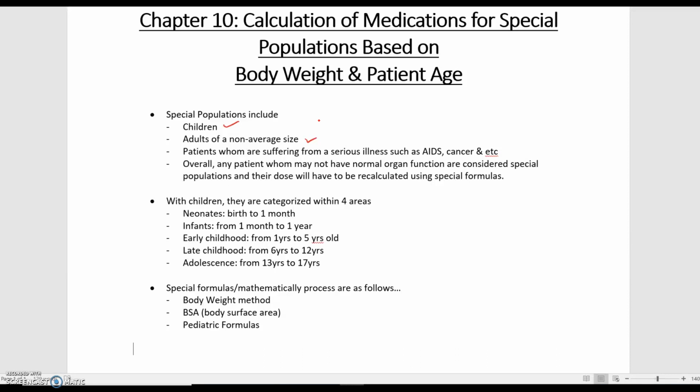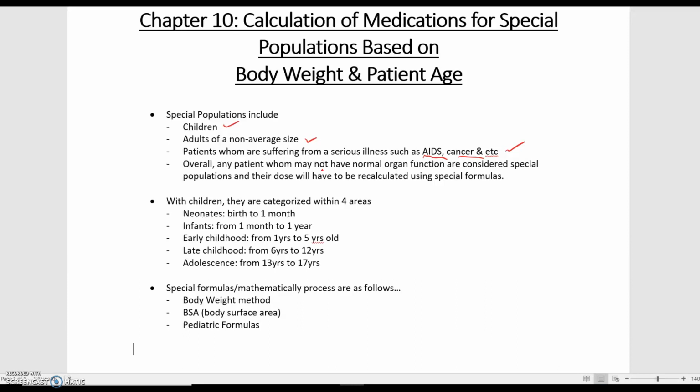Any patient suffering from a serious illness such as AIDS or cancer, or a patient that has bone marrow issues, whatever the case may be, we know that's a serious illness and their organs aren't functioning correctly. So they're going to be considered special populations. Overall, any patient who may not have normal organ functions is going to be considered within our special population groups, and we're going to have to recalculate their dose using special formulas.